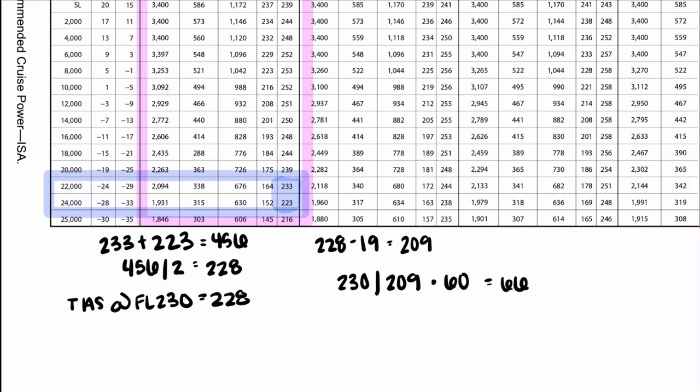All of our answer choices are in 1 hour and blank minutes. Well, 66 is 1 hour and 6-ish minutes. We're saying ish because there's a lot of decimal points after that. So 6-ish minutes.